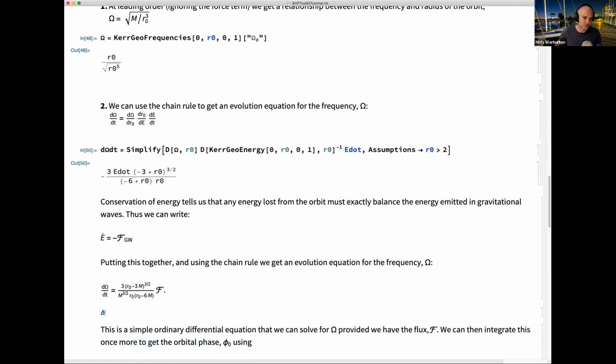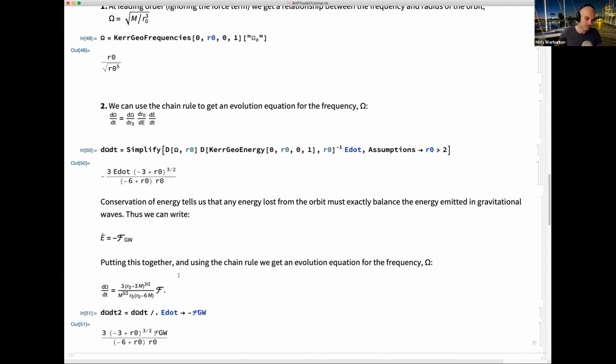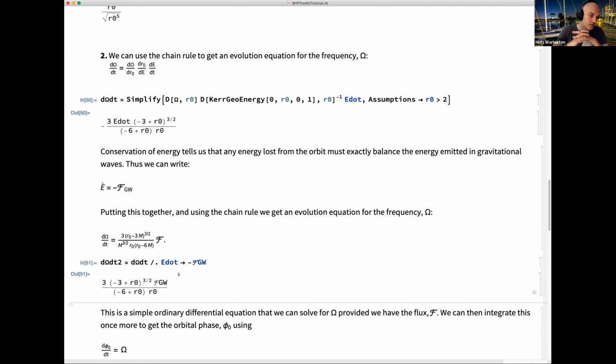So d omega dt is just d omega dt where we replace E dot with minus F gravitational waves. That's our final formula for computing the orbital frequency evolution.